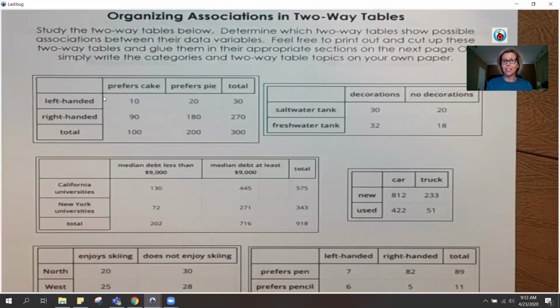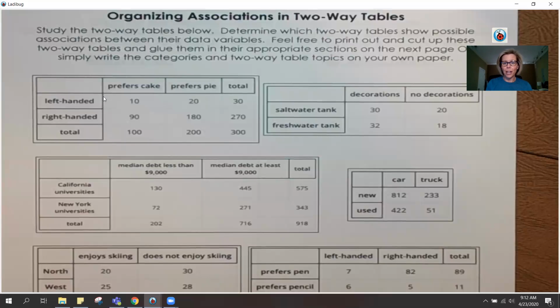The biggest part is for you to be able to tell us why there is an association or why there is not an association. From what I heard from a few of you, that particular part, even with the video and even with the Zoom session I did yesterday, is still kind of a struggle.